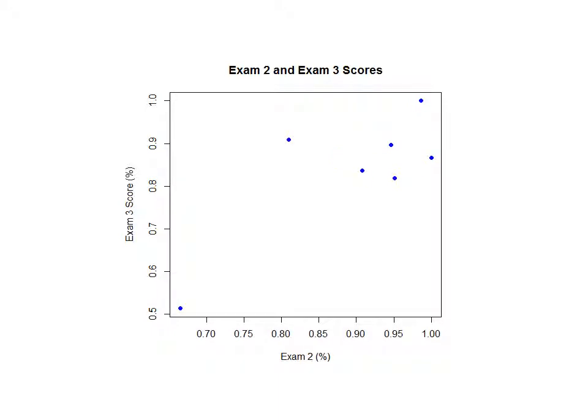And again, we see that if you did well on Exam 2, you were likely to do well on Exam 3. So if we consider all the other sections of the course, the homework exercises, the discussions, Exam 1, Exam 2, if you were doing well in each one of those other areas or other stages of the class, you were likely to do well on Exam 3.